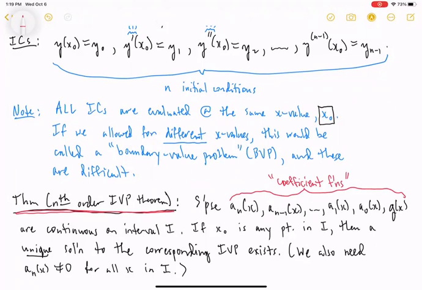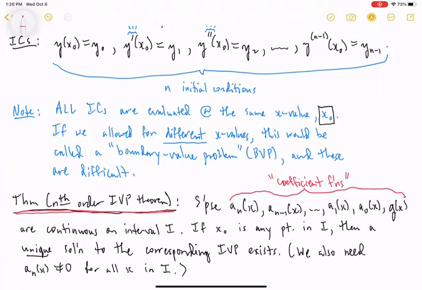Now, I do want to remind you yet again that there's a logical trap that one can fall into here. This theorem gives us conditions that guarantee a unique solution. If these conditions fail to be met, does that mean that there is automatically not a unique solution?